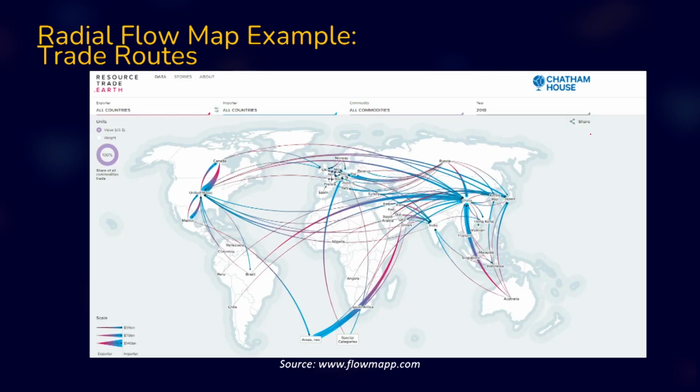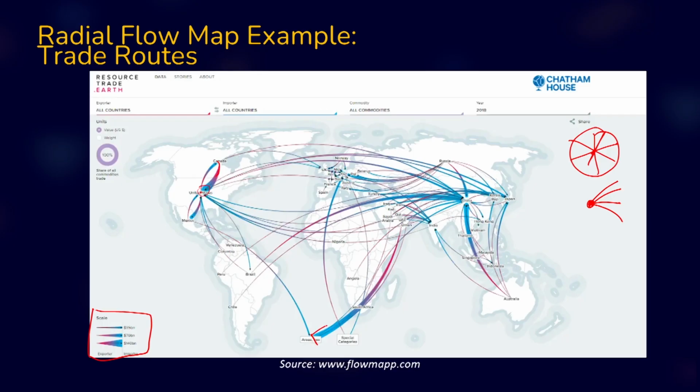Radial flow map, as we have discussed, everything is concentrated to one point, as spokes of a wheel. But here, from one point it is not evenly distributed across the 360 degrees. Everything has a common concentration point. We have a legend in the bottom left. Red is the export, and wherever it's importing it's in blue color, and as the volume increases the width also increases.